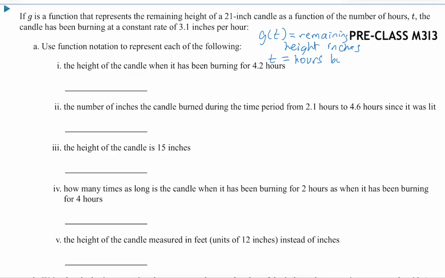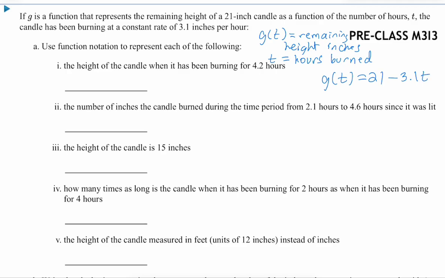So it's the hours that it's burned. So in my case, my candle was 21 inches. My constant rate of change is 3.1 inches per hour. So I'm going to write down my function over here. Your function and my function, change your numbers accordingly. But it was 21 inches, and for every hour that it burns, it goes down by 3.1.